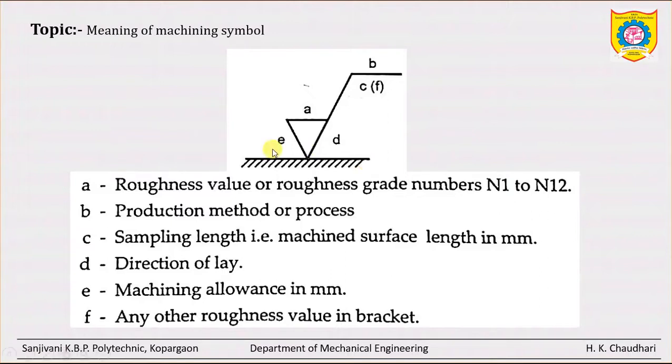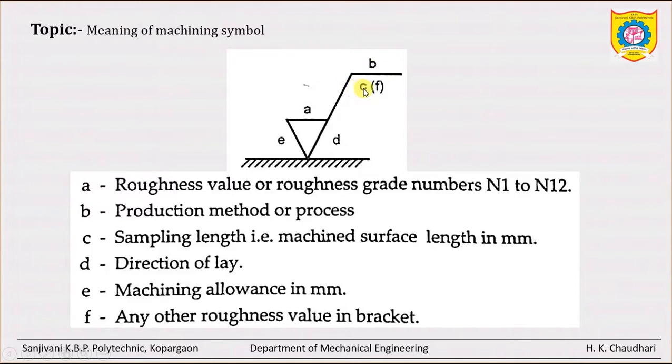Now see here, above this horizontal line there is B. B is the production method or process, just like I told you: forging, shaping, drilling, grinding. So here we can write it.